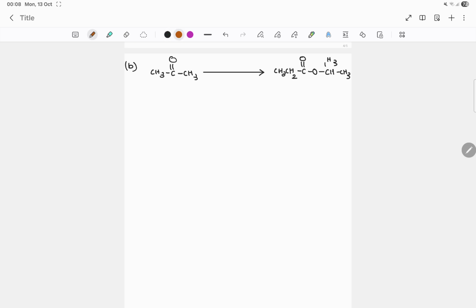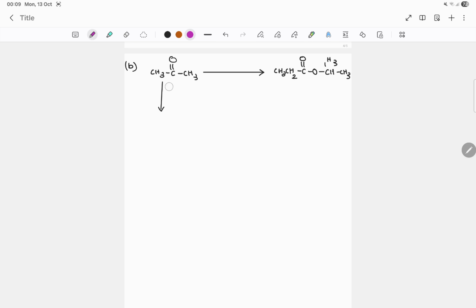CH2. Okay, now we'll start with the first step. For this group, I need to make this one. If I add LiAlH4, I want to reduce it.